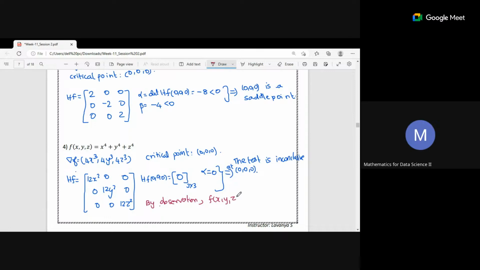F of x comma y comma z is greater than f of (0, 0, 0) for all (x, y, z) not equal to (0, 0, 0). So what can you tell from this? It is a local and also a global minimum, correct? Yes. Right? Okay.